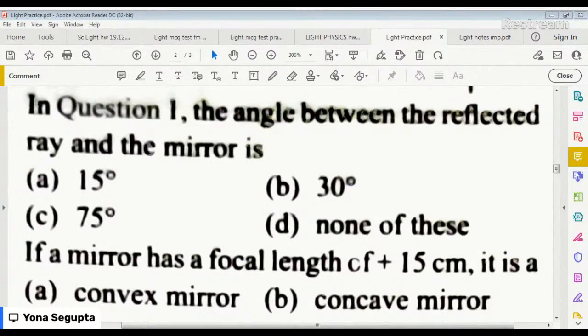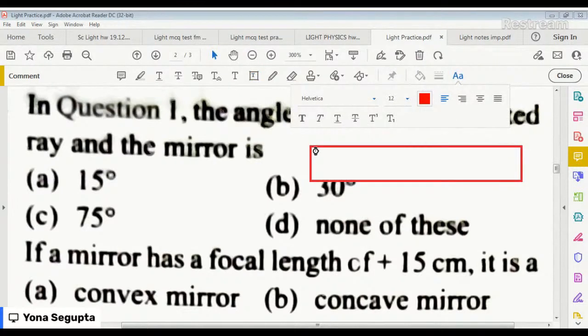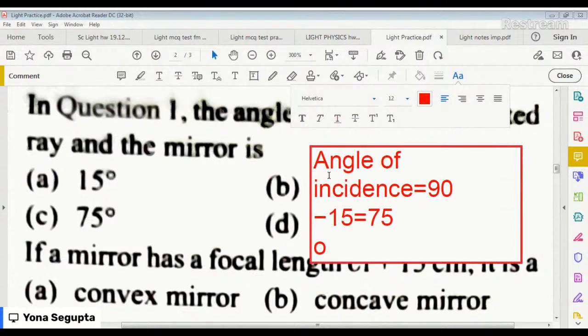First, the angle of incidence. All we need to write is that the angle of incidence is 75 degrees. Why is it 75 degrees? Because 90 minus 15 is 75 degrees here. Let me write it down. Right, isn't it?